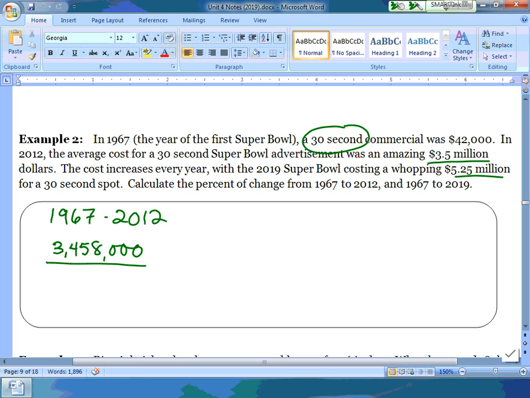The original amount, like I said, is the starting point. Chronologically speaking, it's from 1967, which is $42,000. And we want to set that up as a percent proportion, or if we set it up like that, you would get this amount right here. And go ahead and solve that out, see what you get.